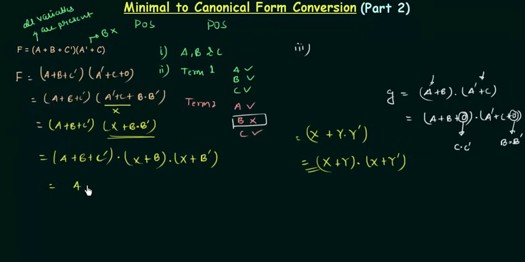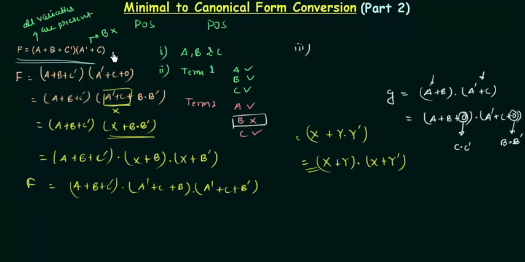And this x is nothing but a complement or c. I am replacing this x by its actual value, so this is (a complement or c or b), and in this also we have (a complement or c or b complement). This is the function f.